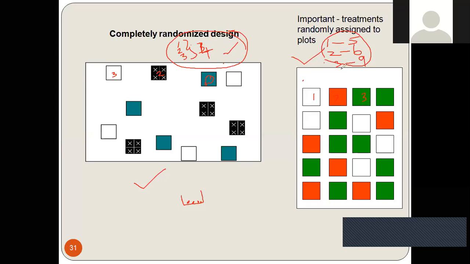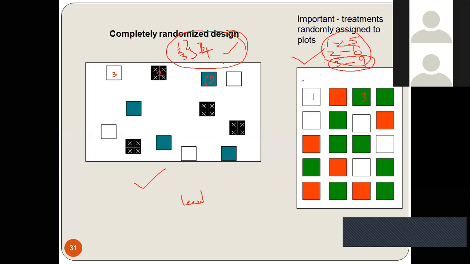Maybe we are not going to talk much about unbalanced design here, but this is also fine, and we can do research on unbalanced design. As I said, the only problem is that treatment 3 will be estimated with much higher precision.